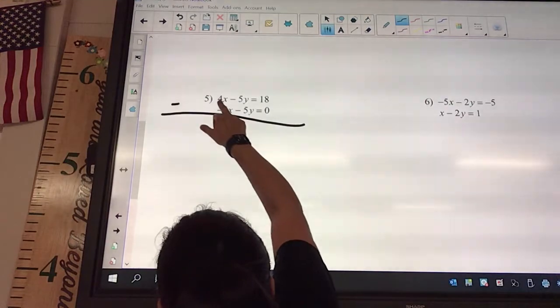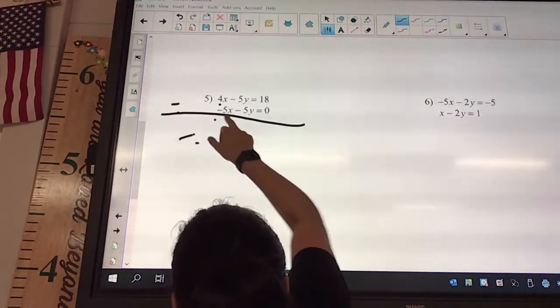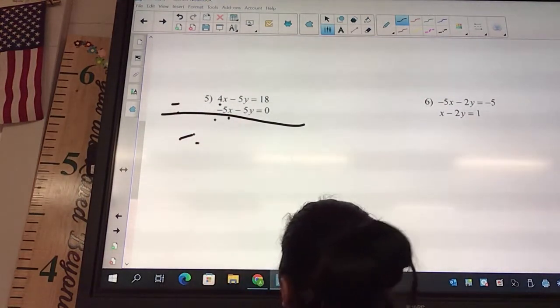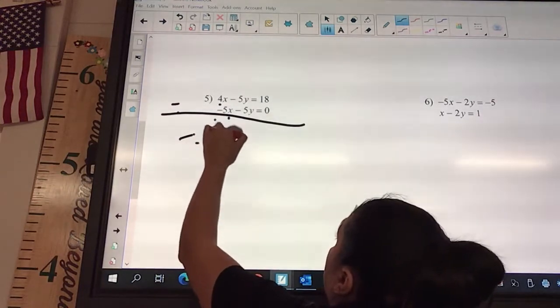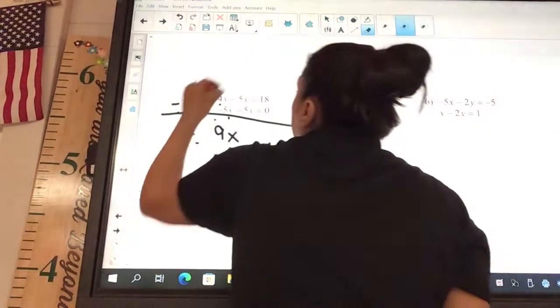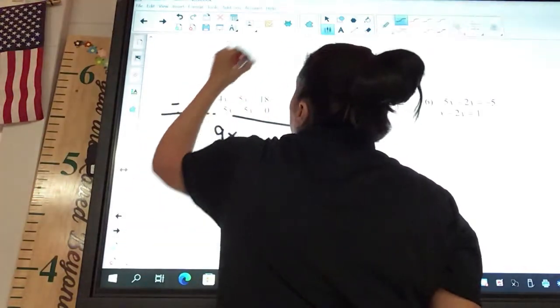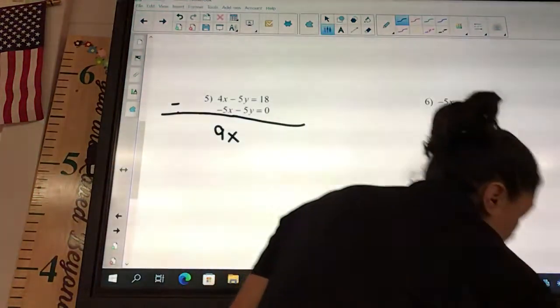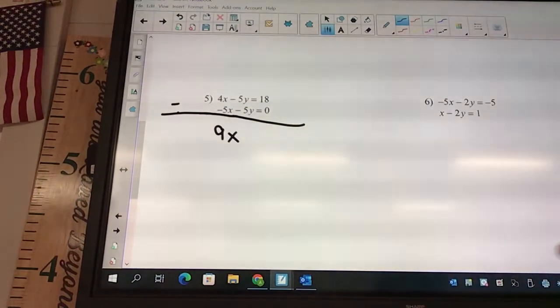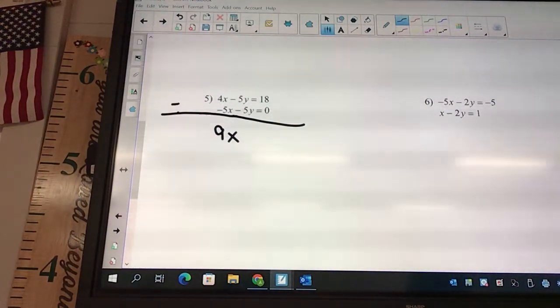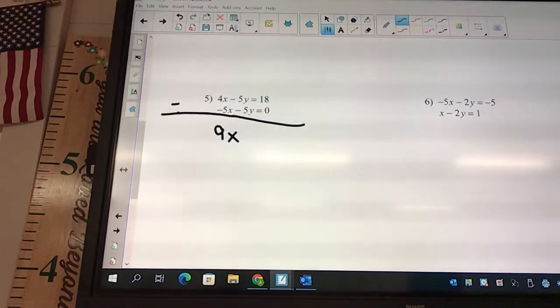4 minus negative 5 is 9. So we got 9x. Sorry, I got a bunch of dots in here. Negative 5 minus negative 5 is 0, so the y's cancel.